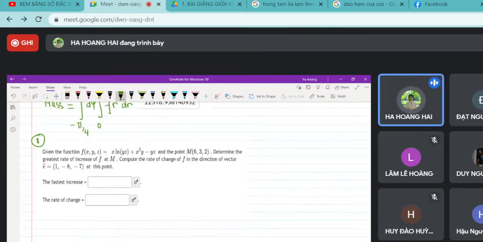In other words, we have the greatest rate of increase of a function. That is the modulus of the gradient vector of f at the given point.